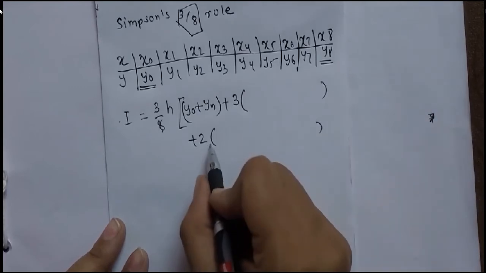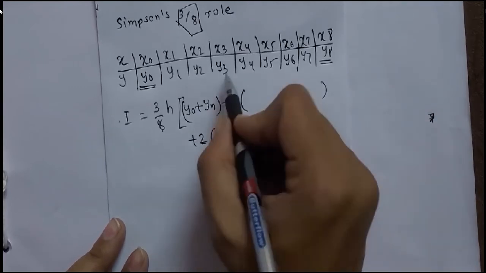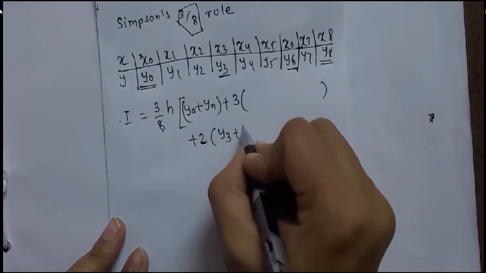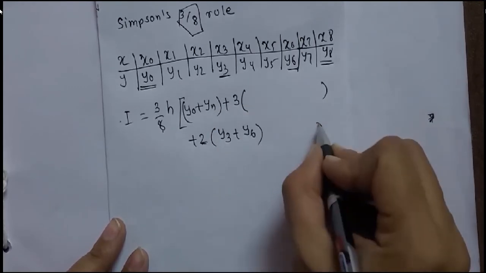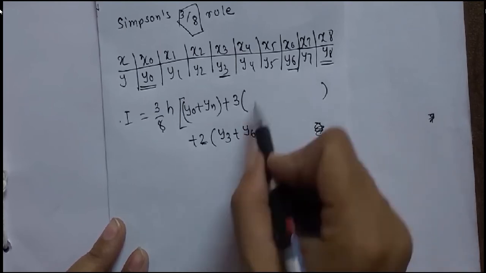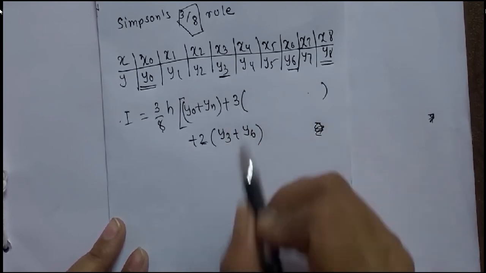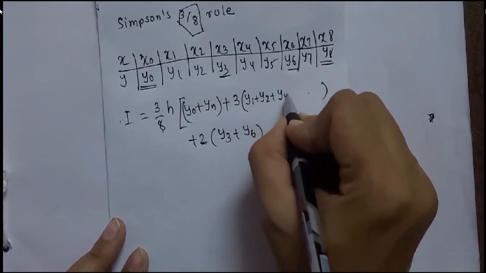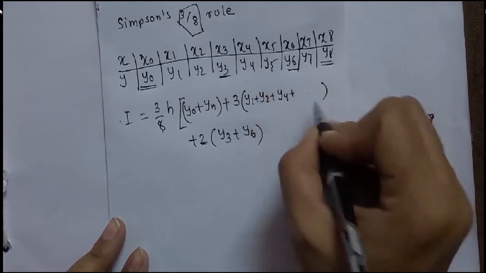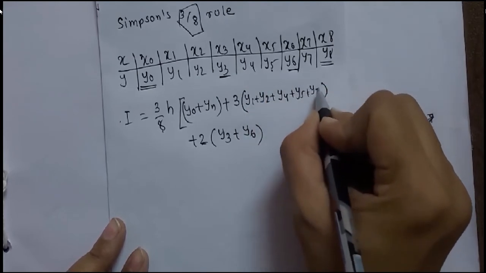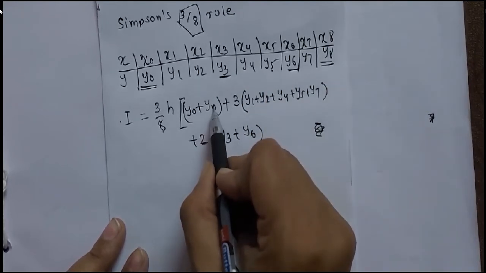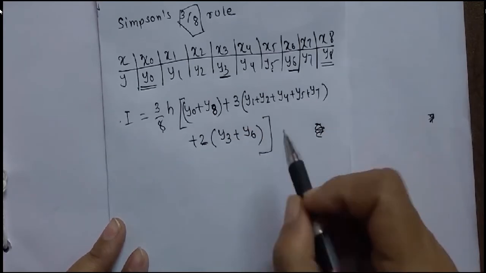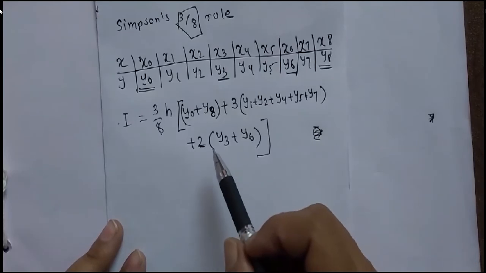With the 2 you write the multiples of 3: y3 plus y6. The rest of the terms go with the 3: y1 plus y2 plus y4 plus y5 plus y7, because y8 is yn. So this is a very simple rule of Simpson's 3 by 8.